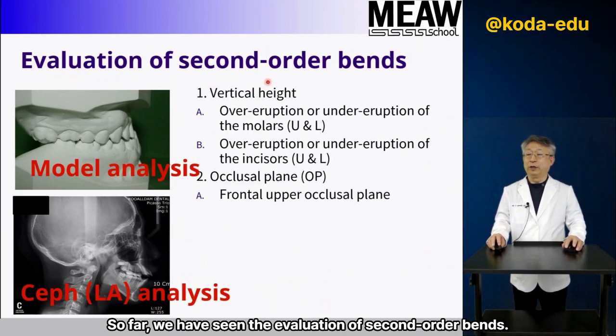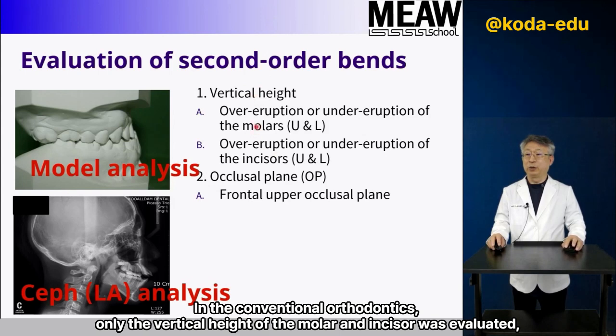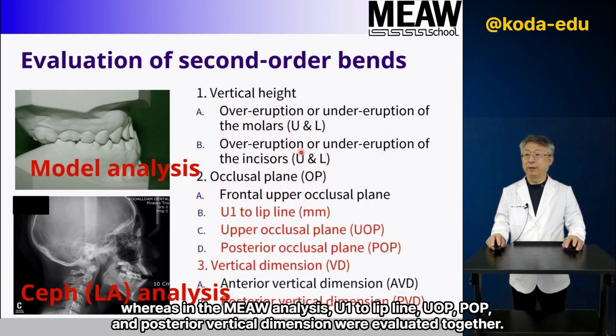So far, we have seen the evaluation of second-order bends. In conventional orthodontics, only the vertical height of the molar and incisor was evaluated, whereas in the MEAW analysis, the smile to lip line, UOP, POP, and posterior vertical dimension were evaluated together.